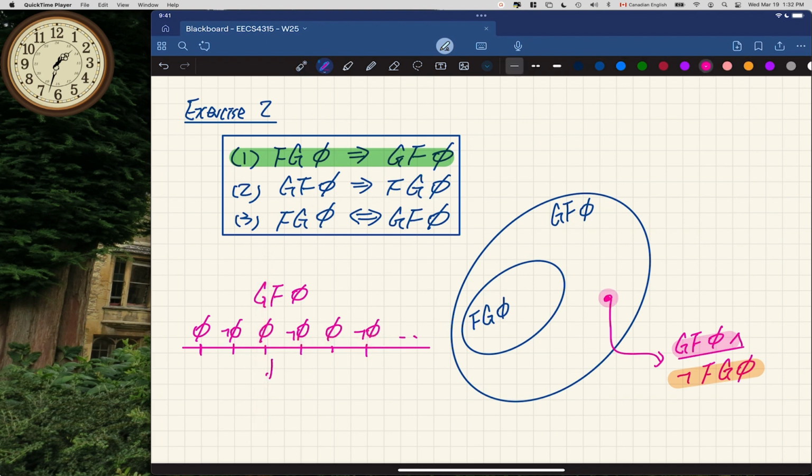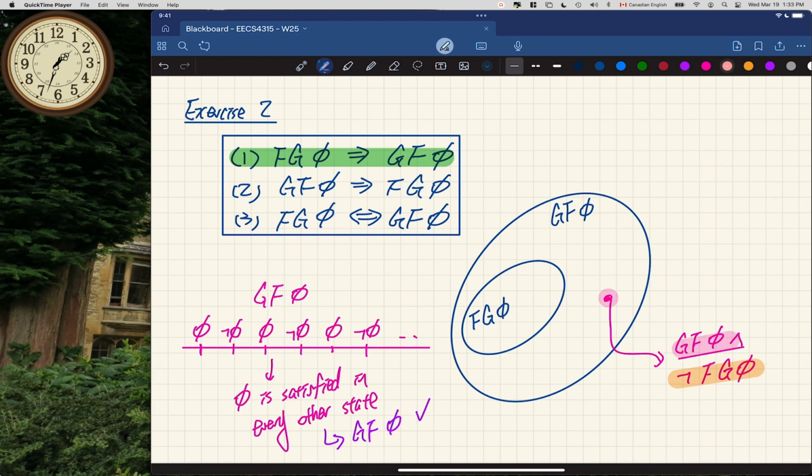Here phi is satisfied in every other state. If that's the case, GF phi is definitely satisfied. You can always find future states, always.